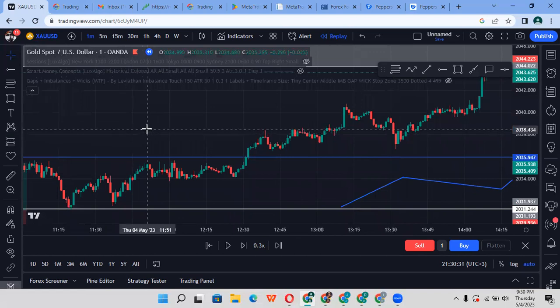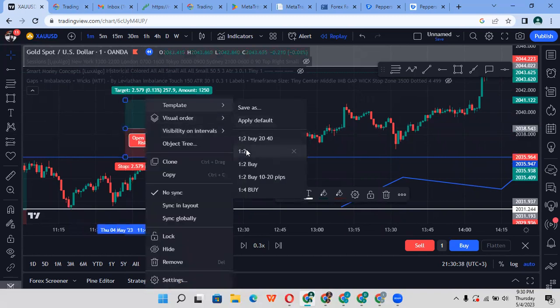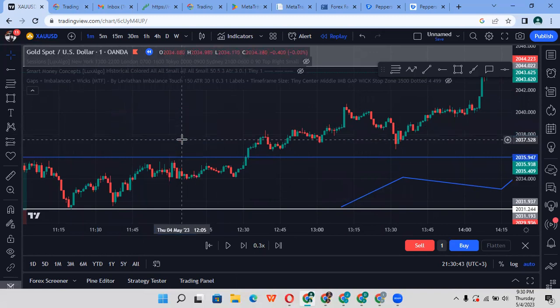One is to two, 1:2. I don't know, it's shrinking. This is so weird.